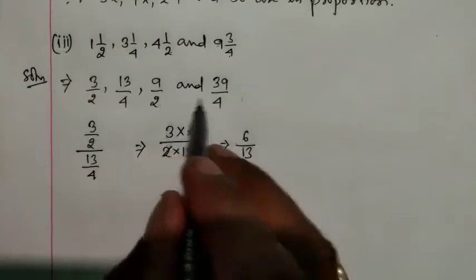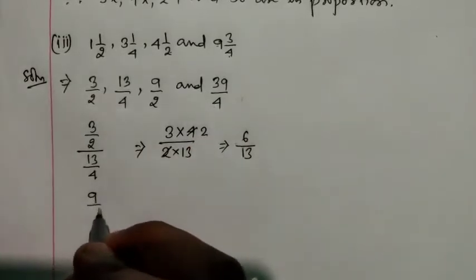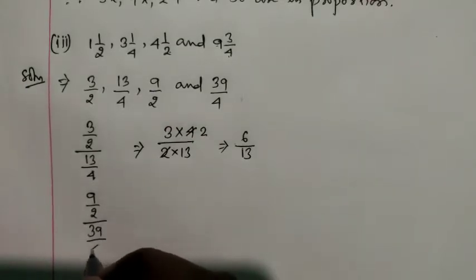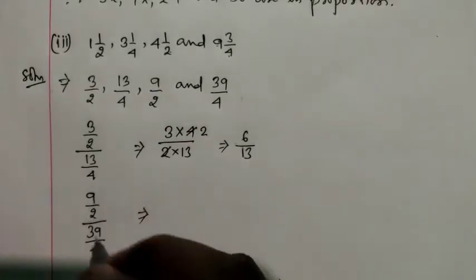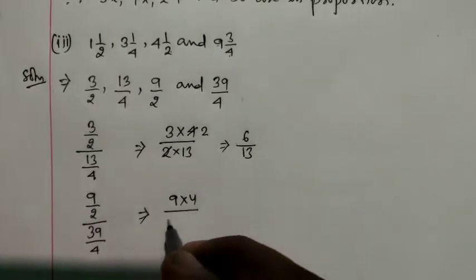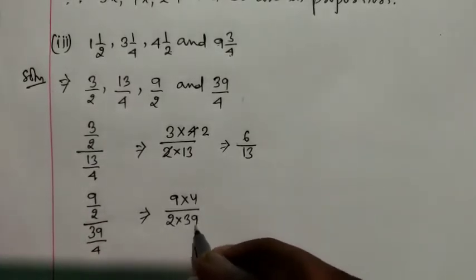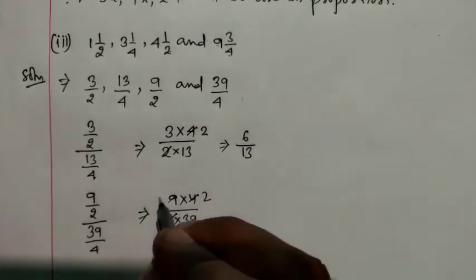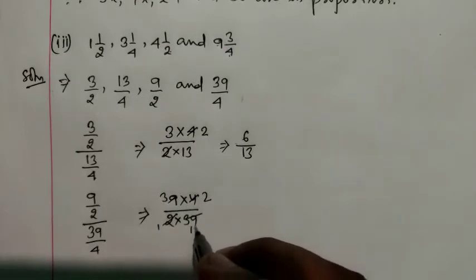Now we will check the second pair of numbers, that is 9 by 2 divided by 39 by 4. Now in the next step 4 will be multiplied by 9. 9 into 4 by 2 into 39. 2 1s are 2, 2 2s are 4, 3 3s are 9, 3 1s are 3, 3 3s are 9.